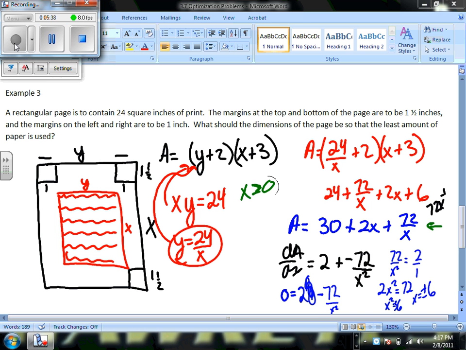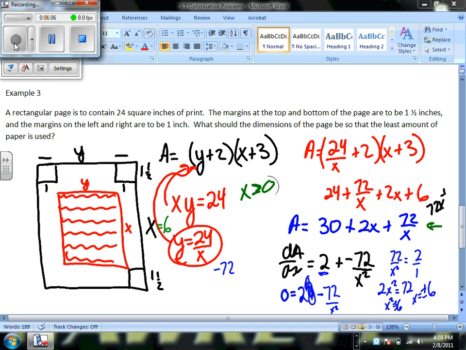It looks like that first problem I gave you. We got x equals plus or minus 6. Again, we can't have a negative value for x, so our x is going to be 6. If we wanted to, we could take the second derivative to make sure that that's a minimum. The derivative of 2 is 0.